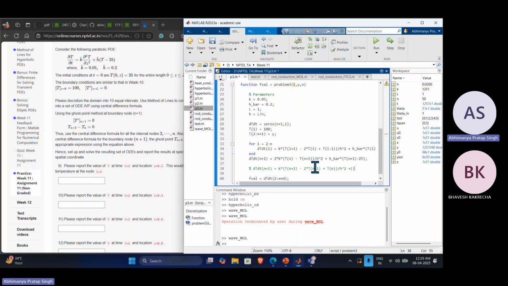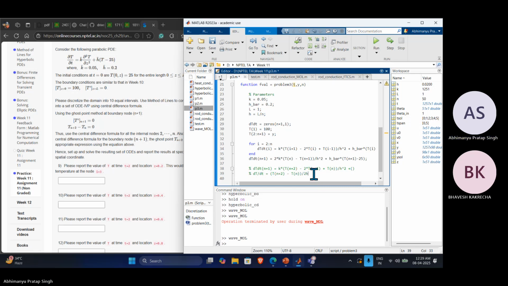Now since it's a Neumann boundary condition, based on the Neumann boundary condition we know that dT/dx would be T_{n+2} minus T_n, by 2h.